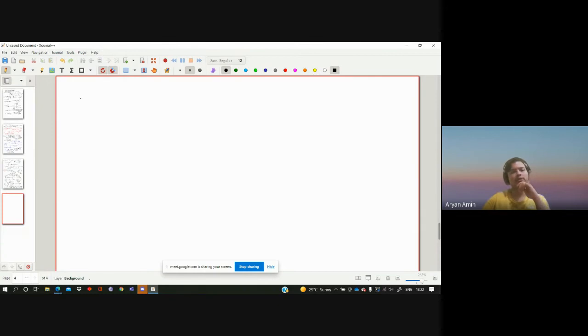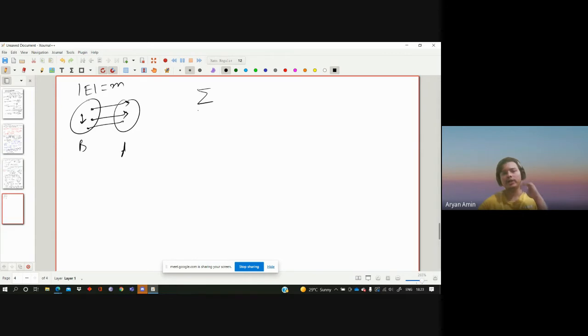So suppose the number of edges is M, right? So suppose this was B and this was A. Think about it, there are two kinds of edges: edges from B to A and edges from B to B. So look at this quantity. This is going to count the edges between B and A plus 2 times the edges between B and B, right?